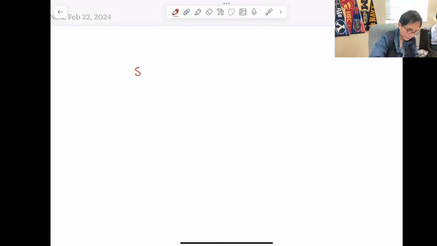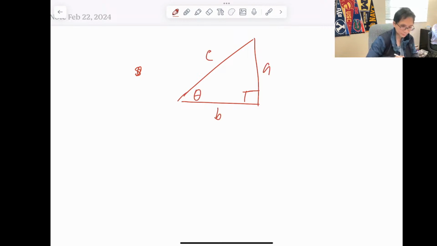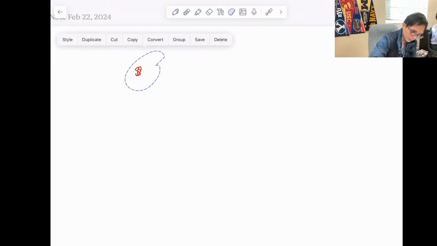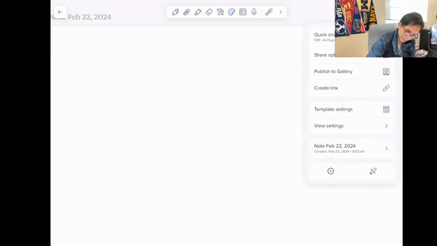So do you guys know that there is a triangle? And there's a right triangle. We're gonna call this one A, B, C. And this is theta. That's ugly. Let me redraw this again. Maybe I need a better paper.